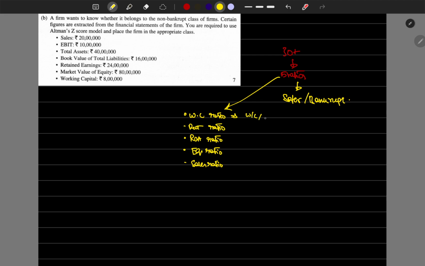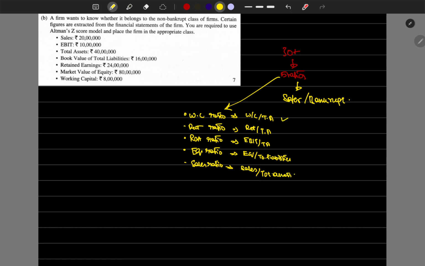Working capital divided by total assets, retained earnings divided by total assets, return on assets is EBIT, which is operating profit, divided by total assets, equity is total equity divided by total liabilities, and sales ratio is sales divided by total assets.